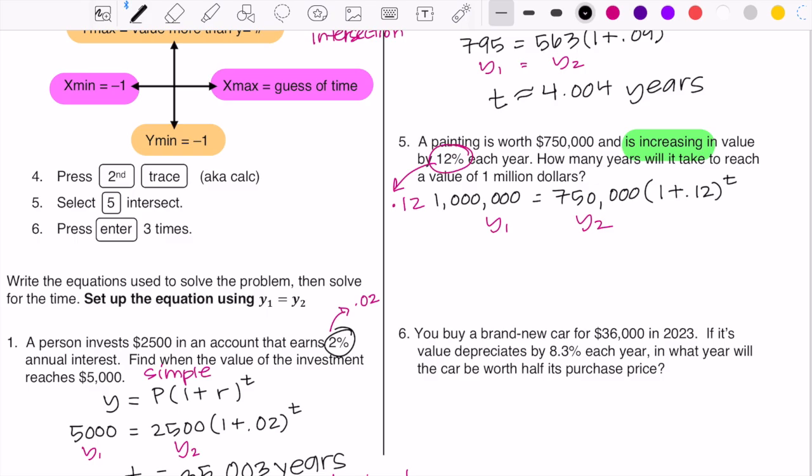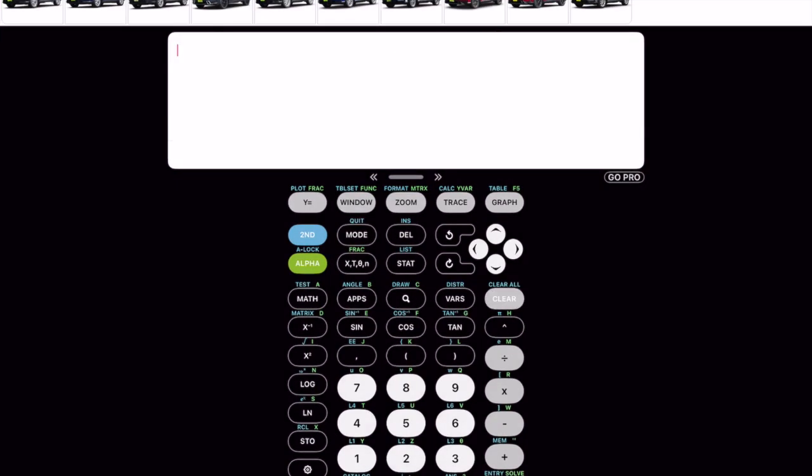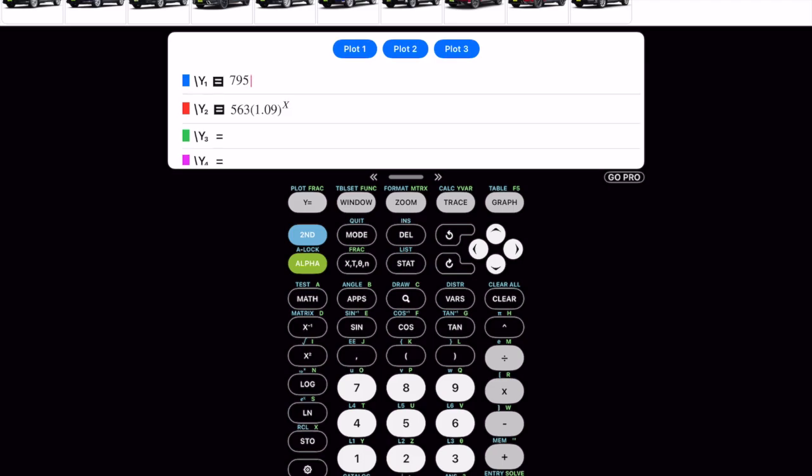So we are going to the graph, clear everything out. Y equals, this is 1 million. And then this is 750,000 times 1.12, because when I combine like terms, that's what I get, raised to the x.